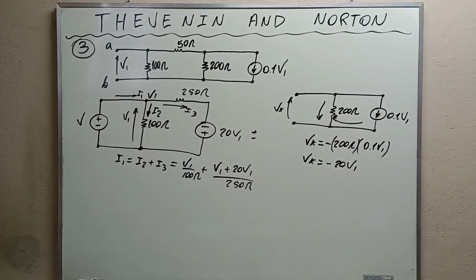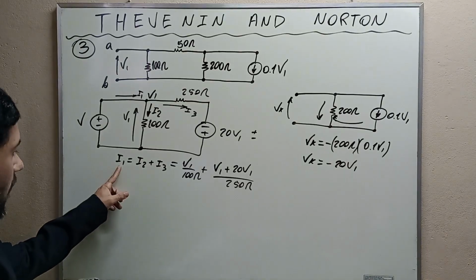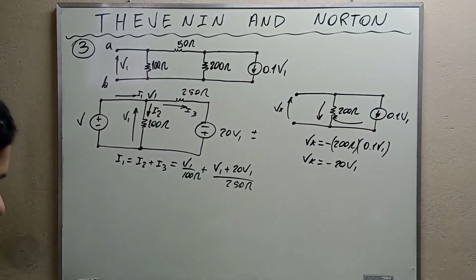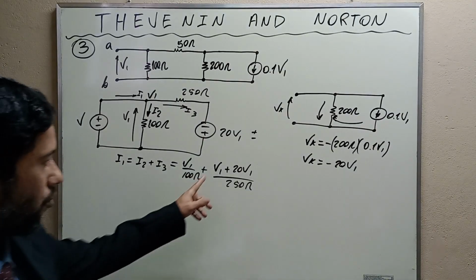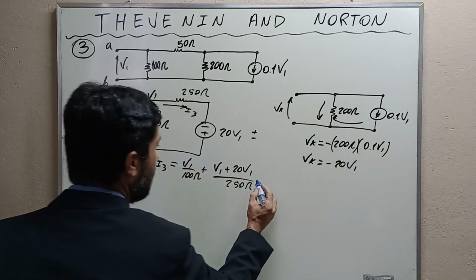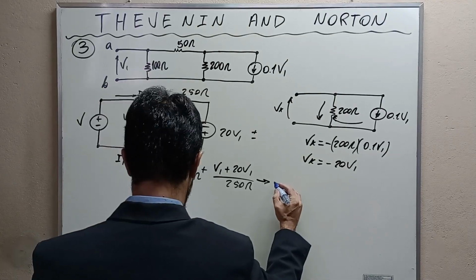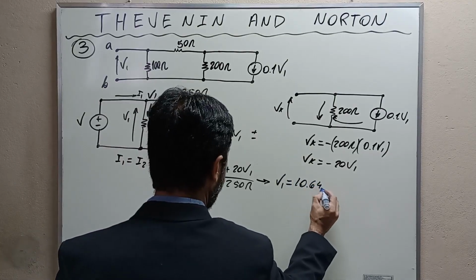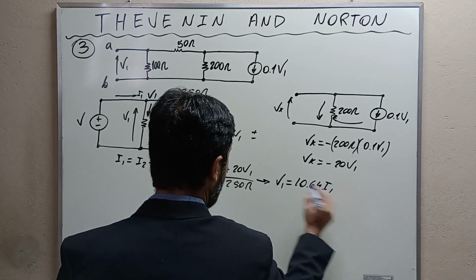And we have that I1 is equal to this plus this, and we are going to write V1 in terms of I1, and we find that calculating, we find that V1 is equal to 10.64 times I1, okay?